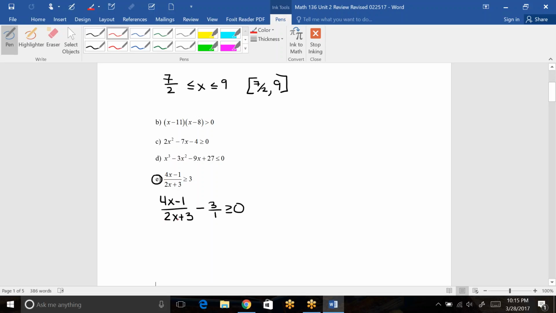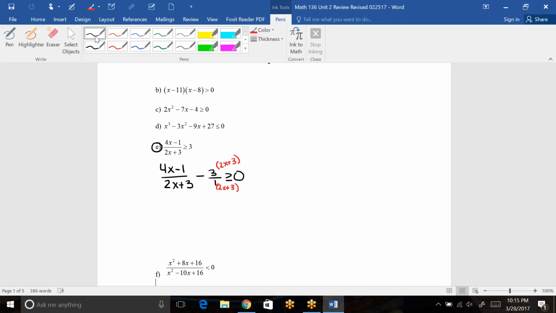My common denominator would have to be 2x plus 3 since that's the only denominator I have really. So I'm going to multiply top and bottom of this fraction by 2x plus 3. What that's going to give me is (4x minus 1) over (2x plus 3), minus 3 times (2x plus 3) over (2x plus 3).